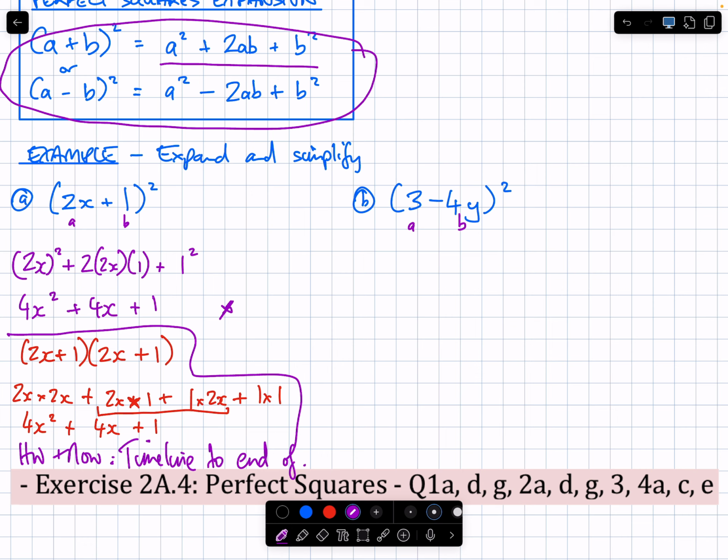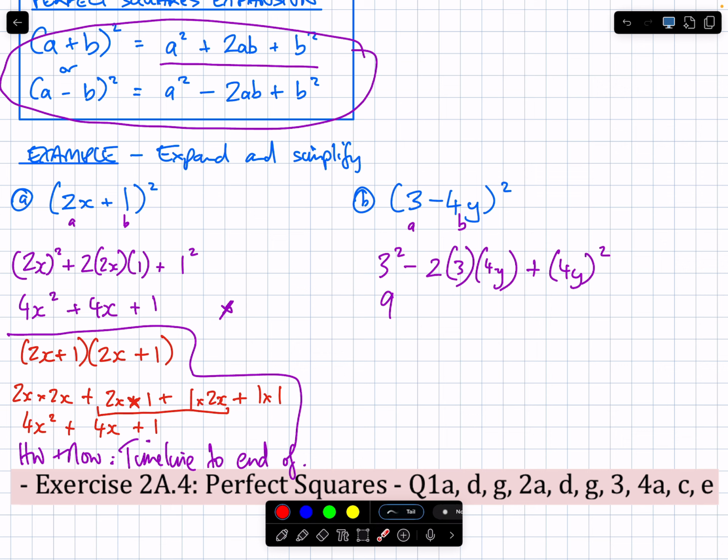So your shortcut, the bottom one, is going to be A squared, so 3 squared, minus 2 times by A, which was 3, times by B, which was 4y, plus B squared, 4y, all squared. So I plugged everything into my shortcut. What's 3 squared? What's 3 times by 3? 9.